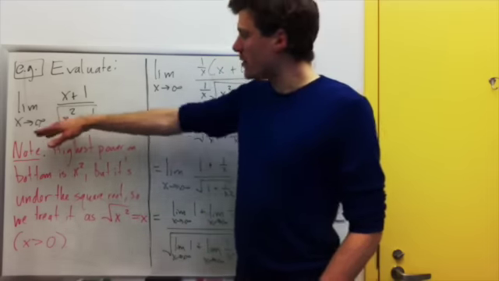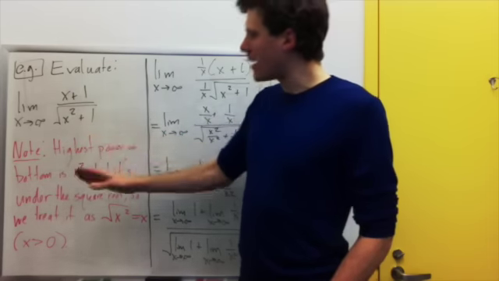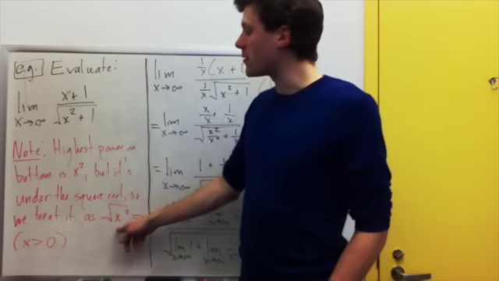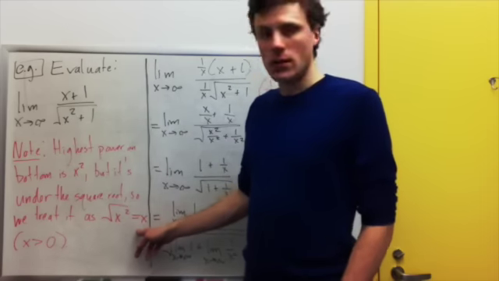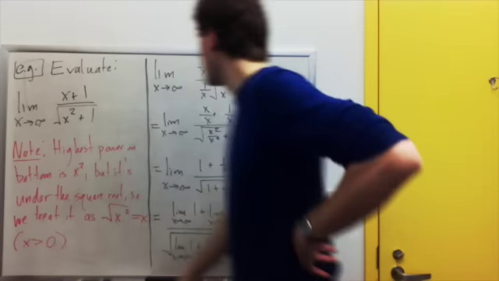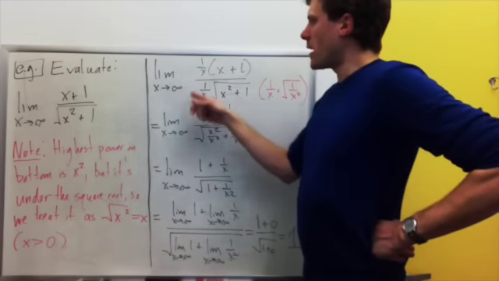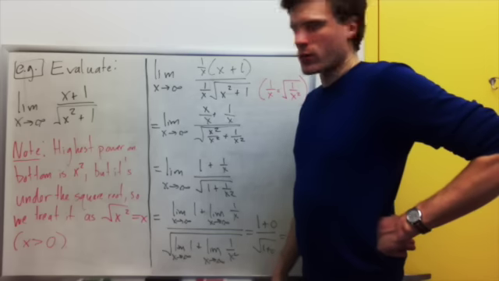So we're going to treat this just like the rational function problem, except our highest power is x squared underneath the square root, which is equal to x. Since x is positive, x is going to positive infinity. So I will divide the top and bottom by x, which is the same as multiplying by 1 over x.